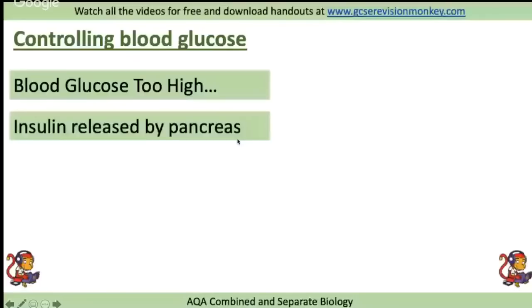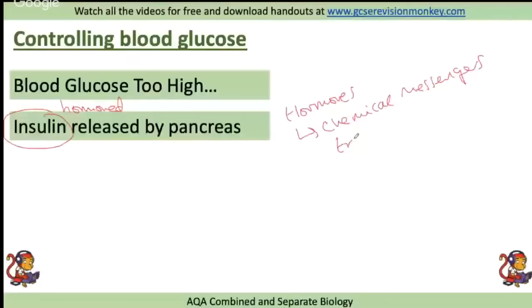Okay, so insulin is the hormone. It's released by the pancreas into the blood. All hormones are chemical messages or chemical messengers. They're carrying the message. So chemical messengers that travel in the blood. So they're dissolved in the blood plasma, and that's how they travel around.